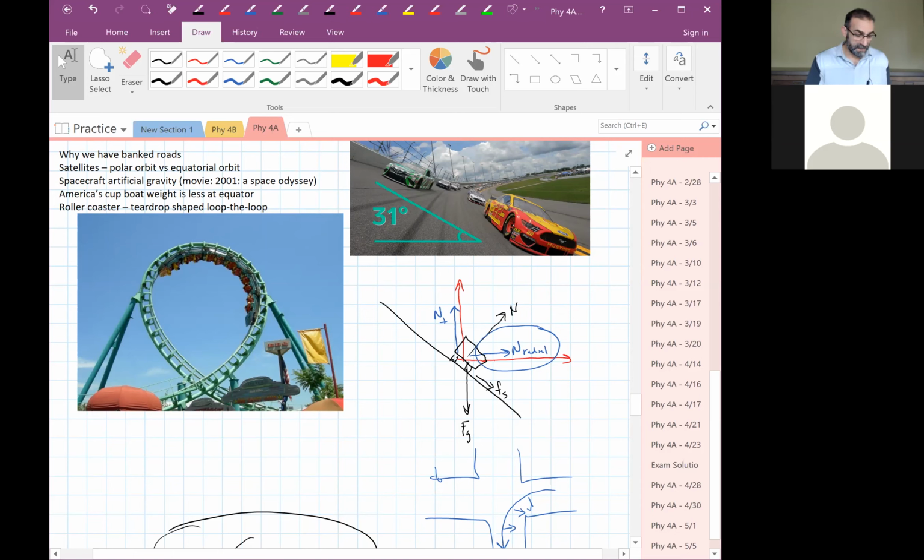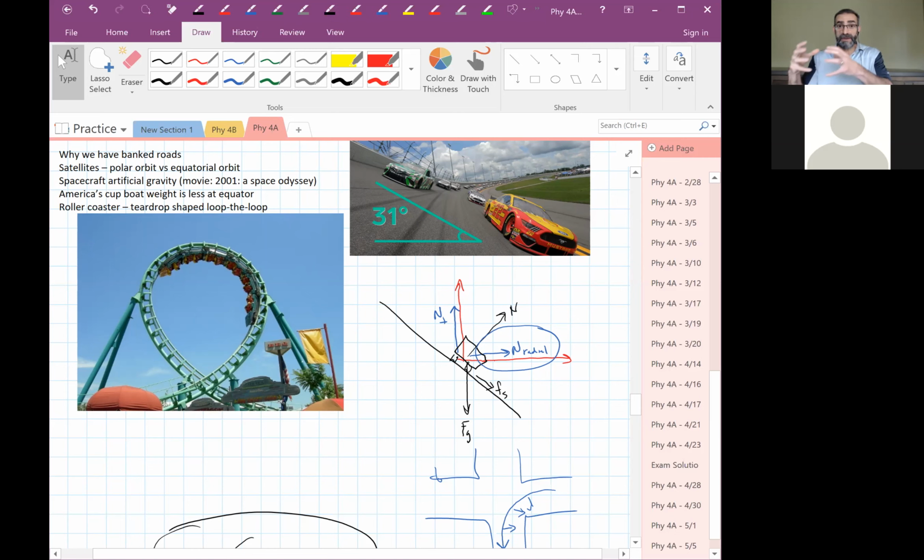I am told that there's some boat races, I think it's the America's Cup boat race, where it's advantageous to have a heavier boat. So they have an upper limit. You can build your boat up to some maximum weight. You can't be more. So of course, they try to build their boats right up to that maximum weight. And one country's entry, they built their boat right up to the maximum weight.